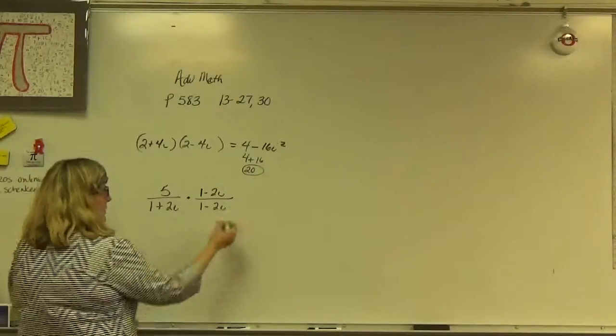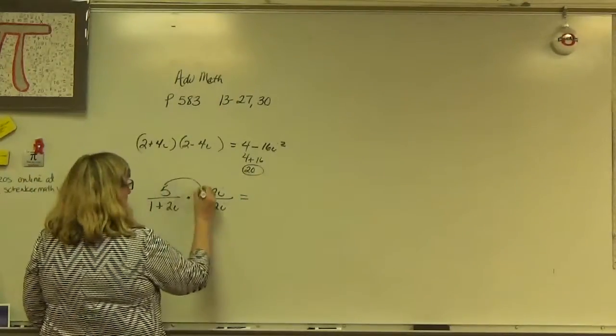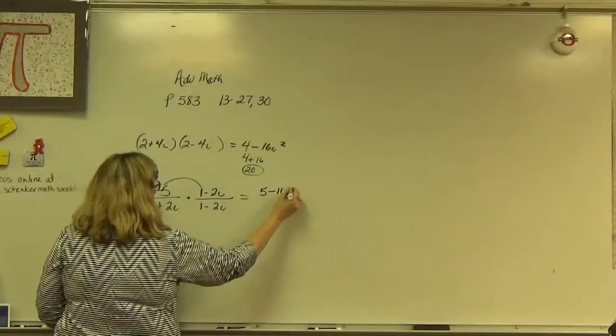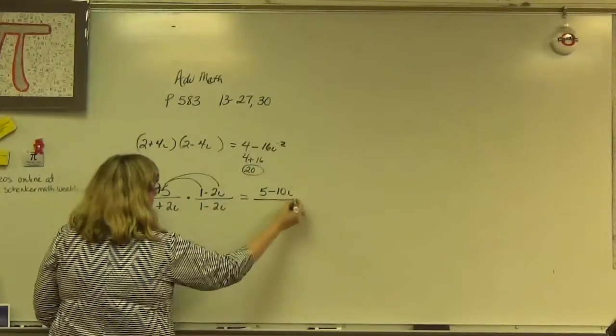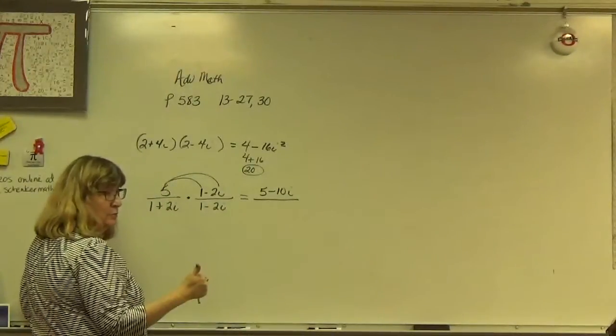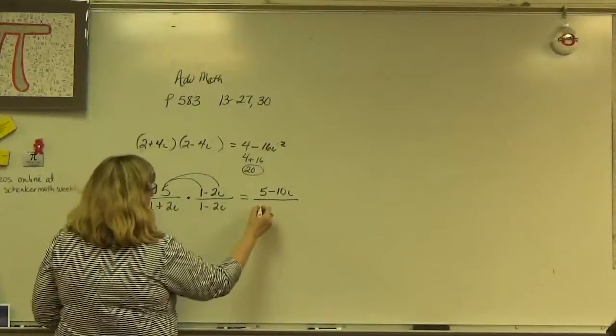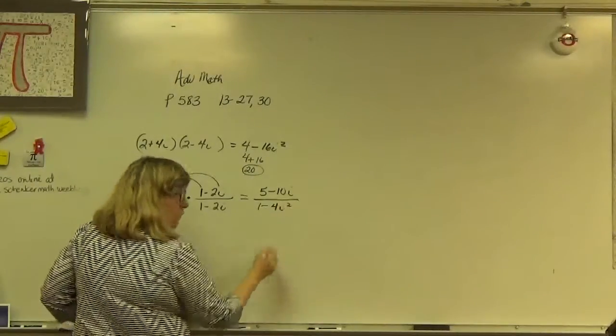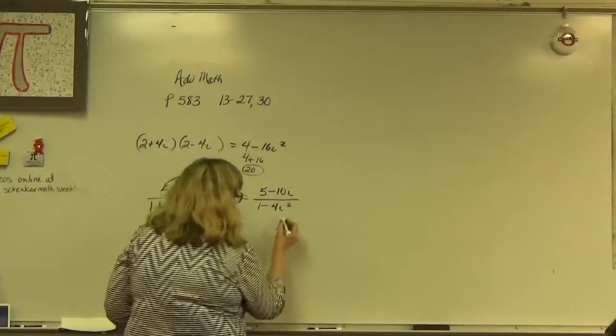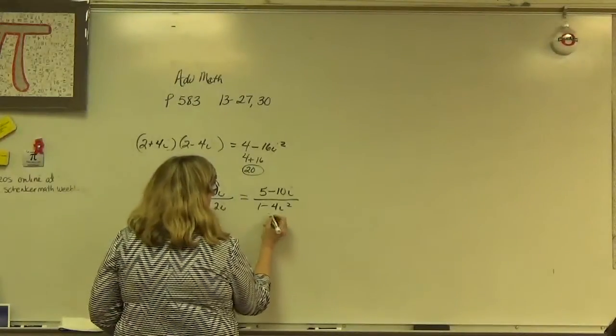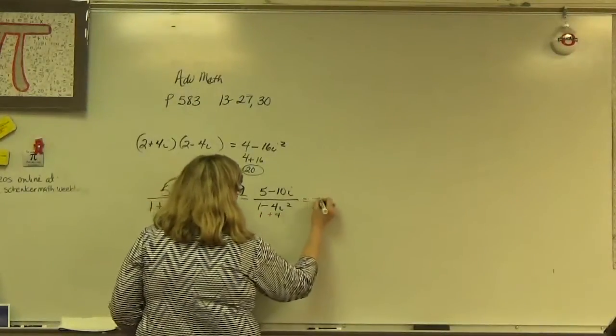So on top, it's an easy fix, isn't it? It'd be 5 minus 10i. On the bottom, it's a conjugate, so all you gotta do is first times first. So it'd be 1 minus 4i squared. And 4i squared, the i squared changes to a negative 1, so it makes that a positive 4.